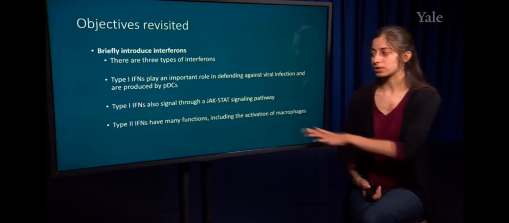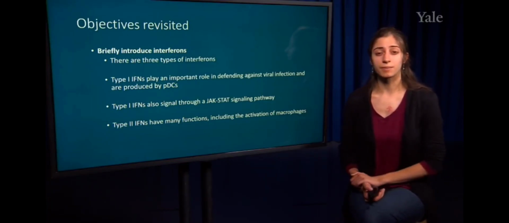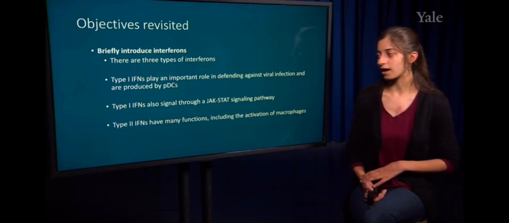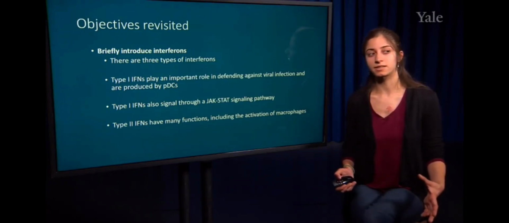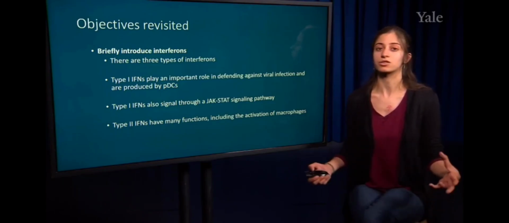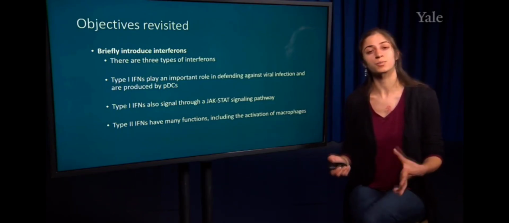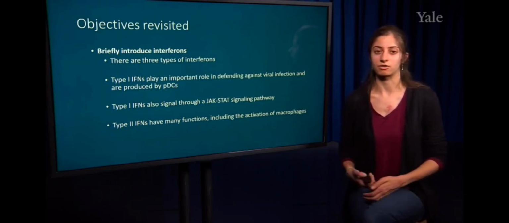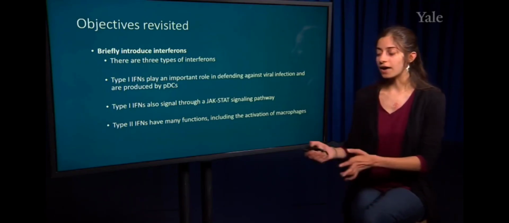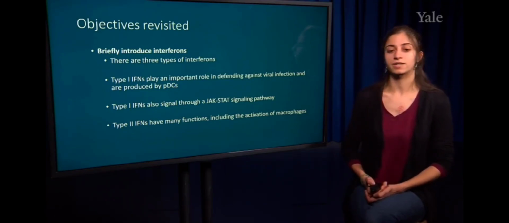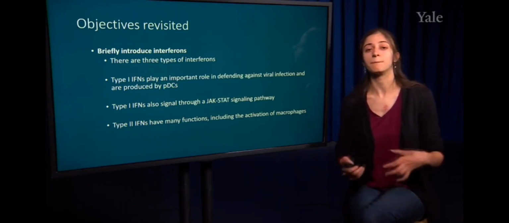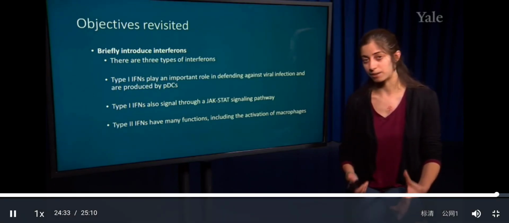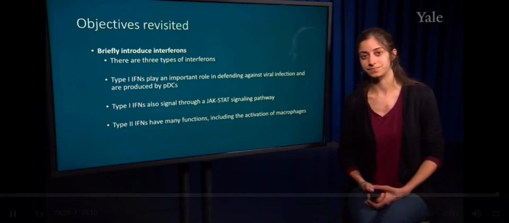We learned that type 1 interferons signal through a JAK-STAT signaling pathway similar to the other cytokines, and that the downstream result of JAK-STAT signaling is the production of hundreds of interferon-stimulated genes whose primary goal is to interfere with viral replication. And finally, we learned that type 2 interferons have many functions, including the activation of macrophages to become more inflammatory and better at killing invading pathogens.